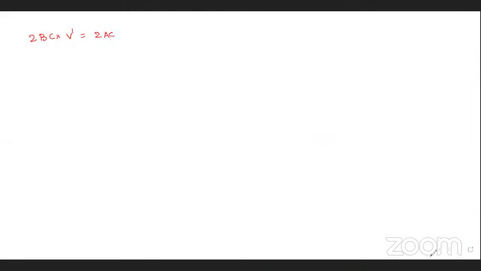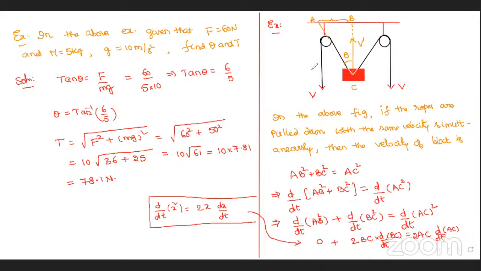2AC into d by dt of AC. In this line, who is moving, rope or block? Rope. Along the BC line, block is going up.